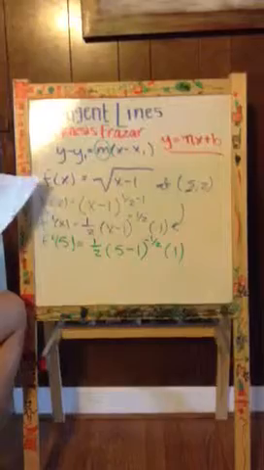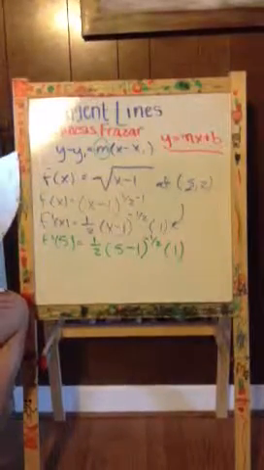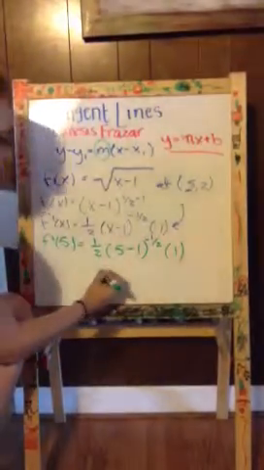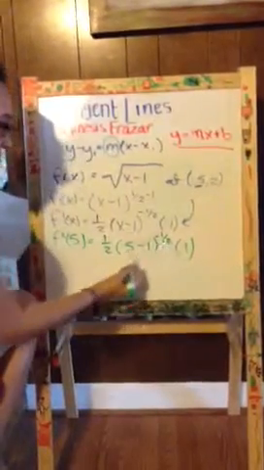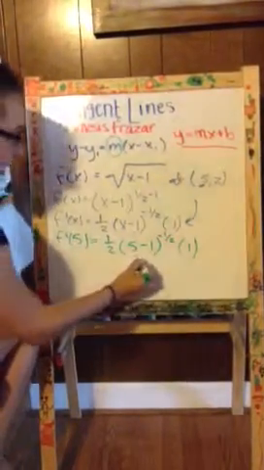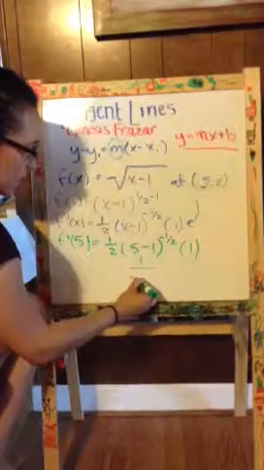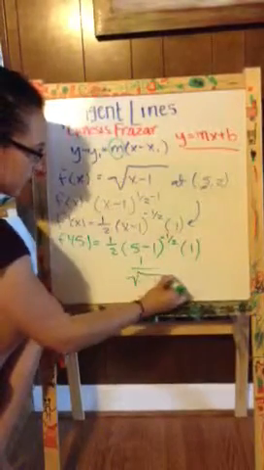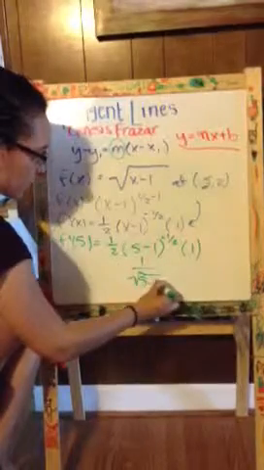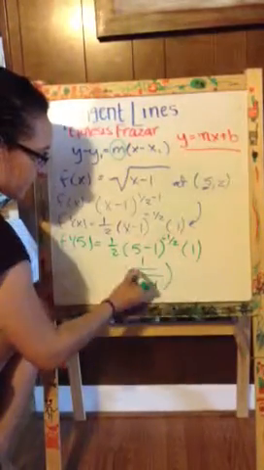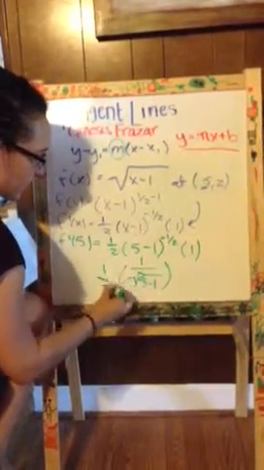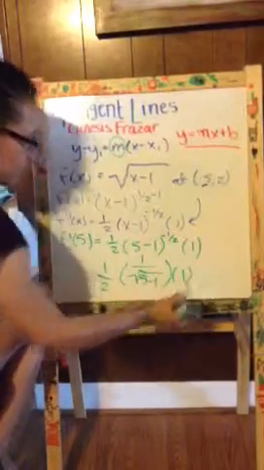Then from here, what we will do is we can change this negative 1/2 power to 1 over square root of 5 minus 1, and have that multiplied by 1/2 and 1.